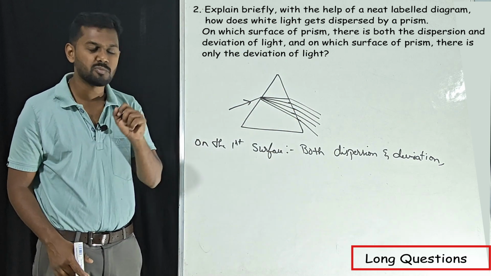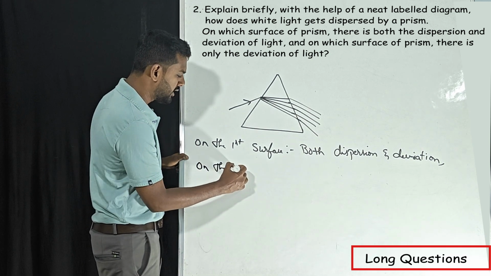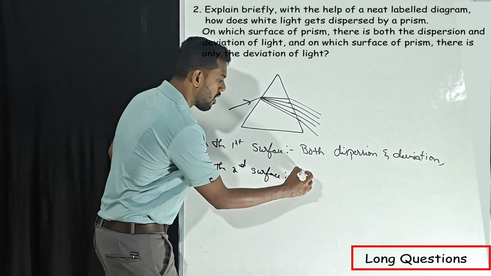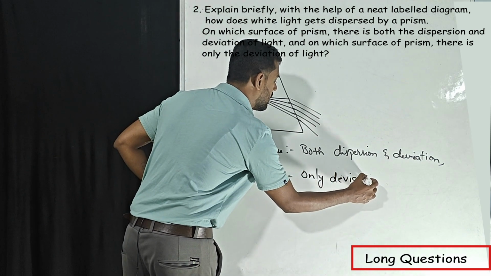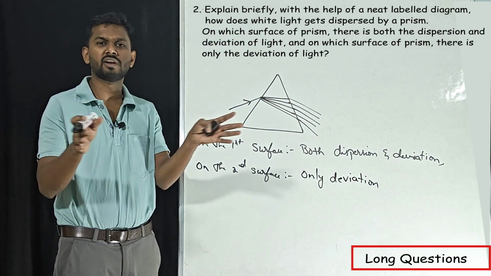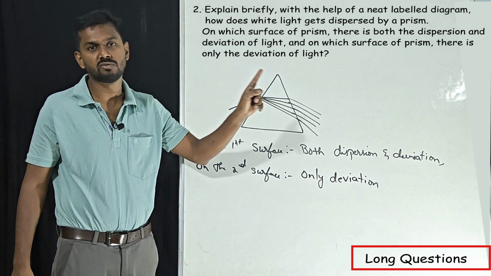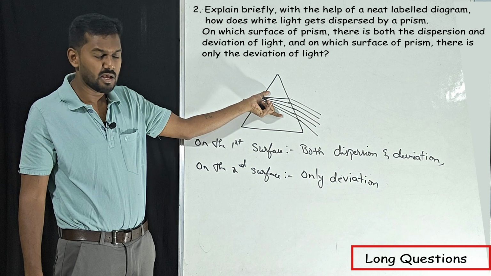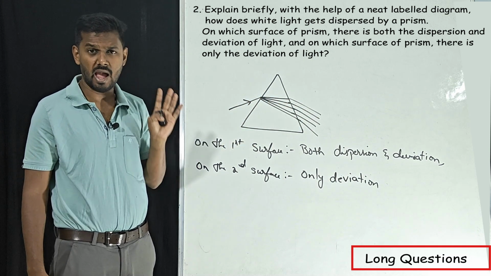So only deviation is possible on the second surface. Red cannot split into different colors of red, correct? The colors that have already dispersed are again deviated, a change in angle.